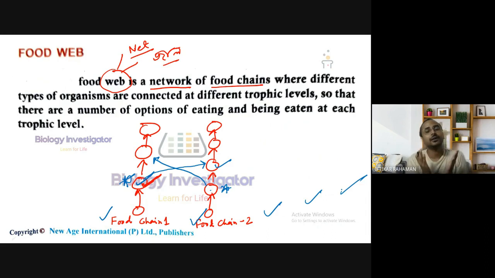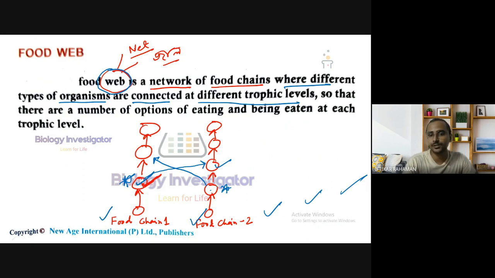And connectivity is more. They are connected in a more web-like manner. That's why it's known as food web, where different types of organisms are connected at different trophic levels.